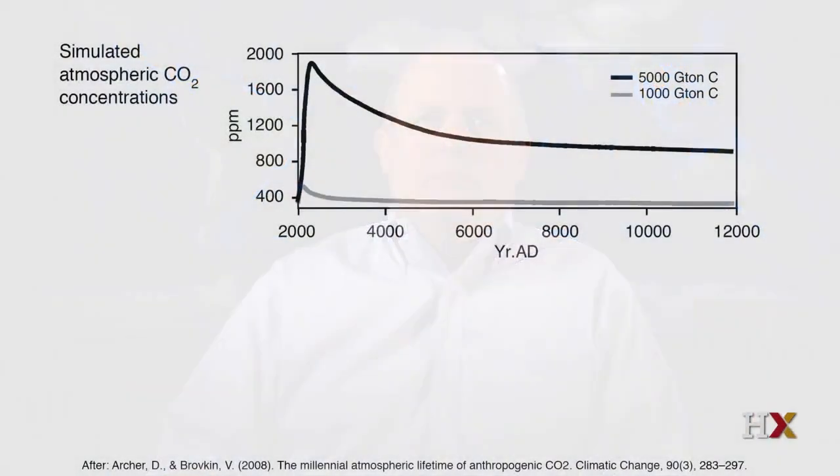Think about all of the carbon stored in soils in the Arctic, for example. Is it possible that by burning fossil fuel to the extent we have today, we might actually put in place a series of positive feedbacks that release more and more carbon, leading to the same kind of 5,000 gigatons of carbon that was released around the PETM?